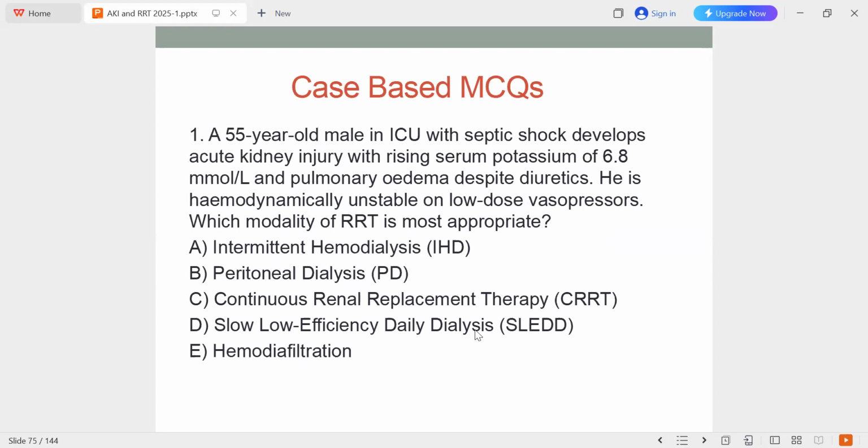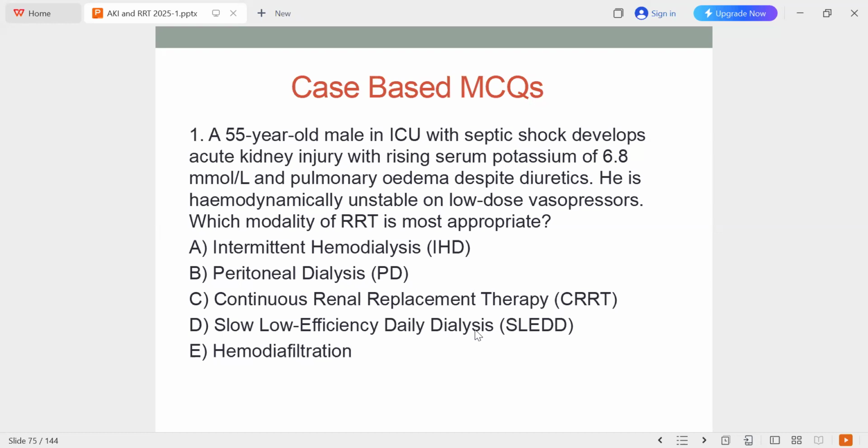If a 55-year-old male patient in ICU with septic shock develops AKI, acute kidney injury, with serum potassium rising to 6.8 millimole per liter and pulmonary edema despite diuretics use, is hemodynamically unstable on low-dose vasopressors, which modality of renal replacement therapy is most appropriate here?